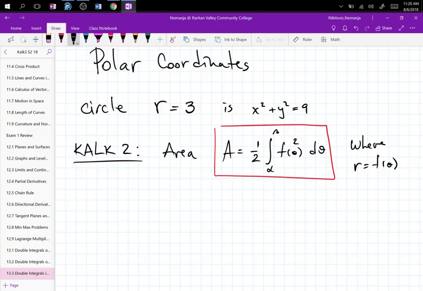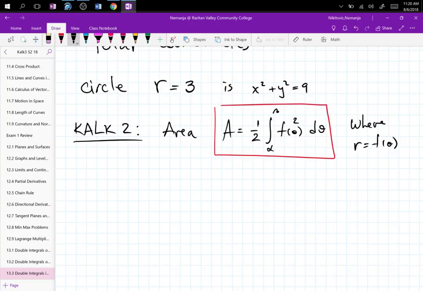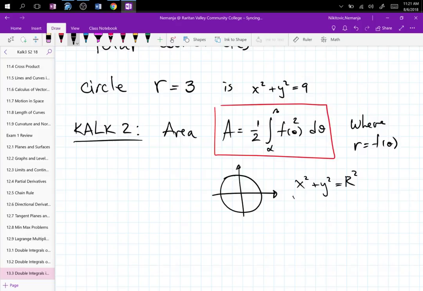So now, the way this went was, if you have to take the area of the circle, you will have this written as x squared plus y squared is equal to some kind of capital R squared. This one converted to polar coordinates was r squared equal to capital R squared, from where r equals capital R. So lowercase r is the function, the variable r, and the capital R is actually the radius of the circle.